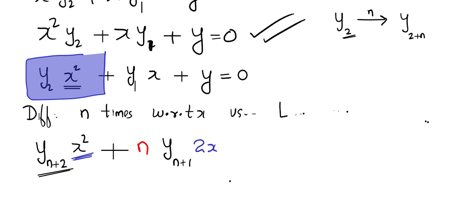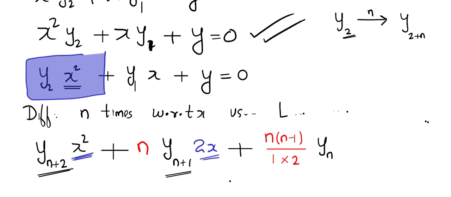That's it. Now again I'll put a plus sign. Now this n becomes n into n minus 1 by 1 into 2. And what should I do with this? Yeah, I have to reduce 1. So n plus 1 minus 1 will be yn.